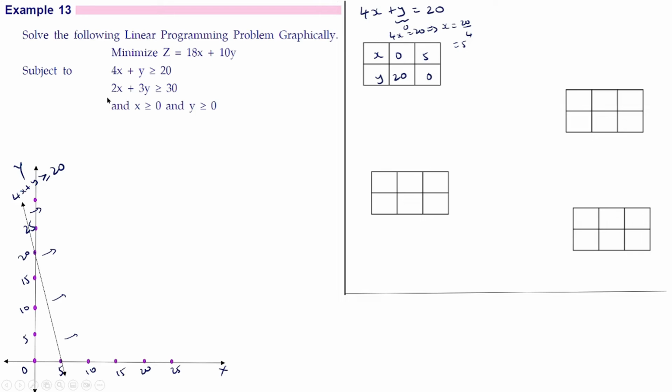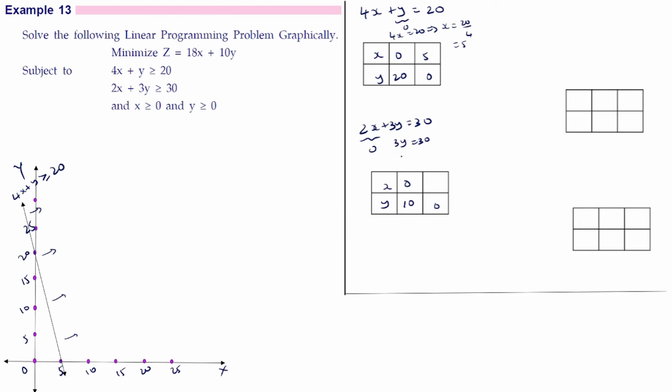The next inequality is 2x plus 3y greater than or equal to 30. First let us draw the line corresponding to 2x plus 3y equal to 30. When x is 0, this part will be 0, we will have 3y equal to 30, in that case y is 10.